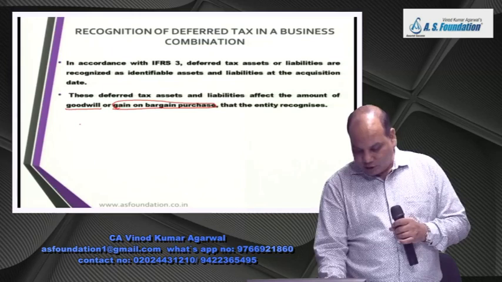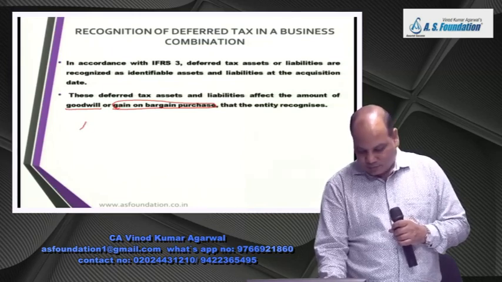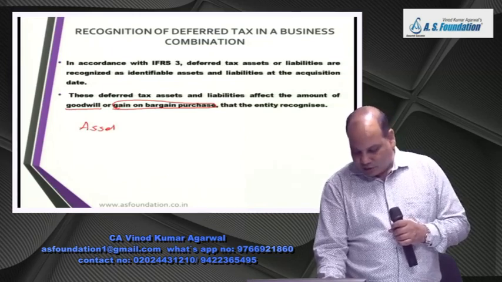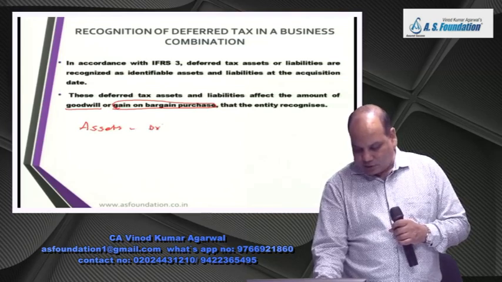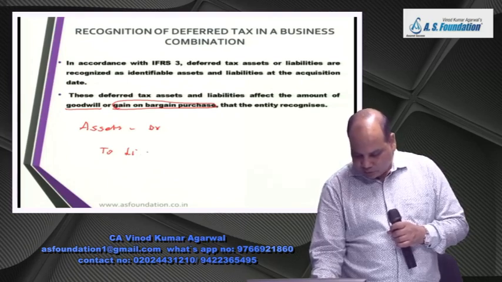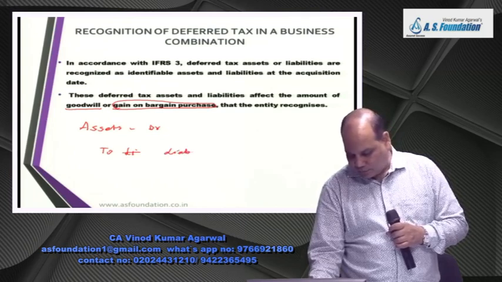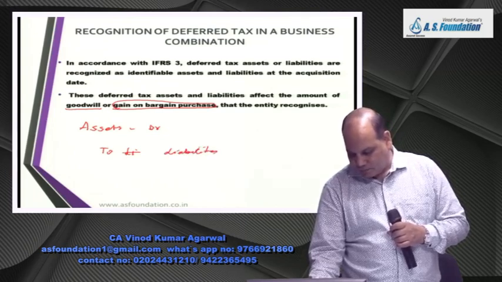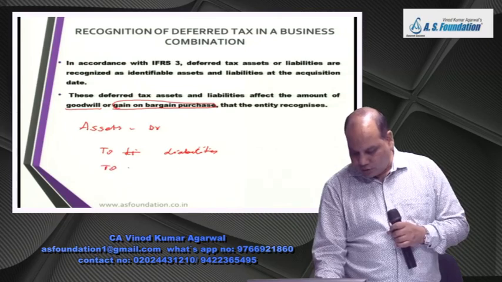Just see. The entry for business purchase. What entry will we write? Asset account debit, to liabilities. Is it right? To liabilities. Then to consideration.